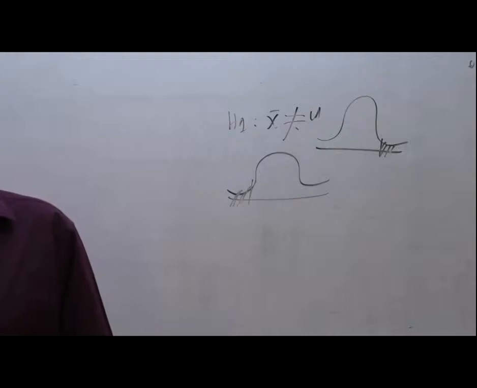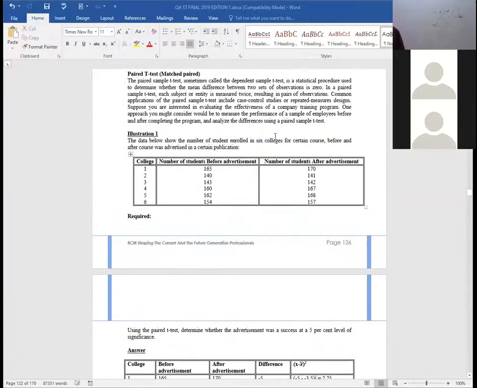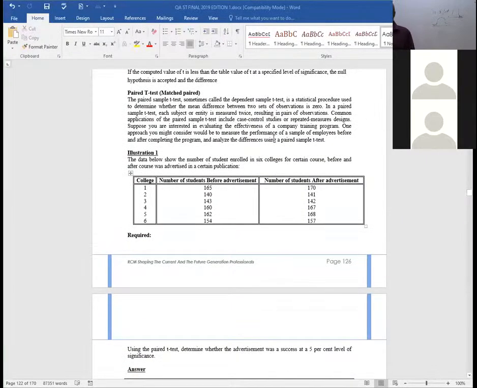So I would want us to look at the paired t-test, matched paired. The paired sample t-test, sometimes called the dependent sample t-test, is a statistical procedure used to determine whether the mean difference between two sets of observations is zero.